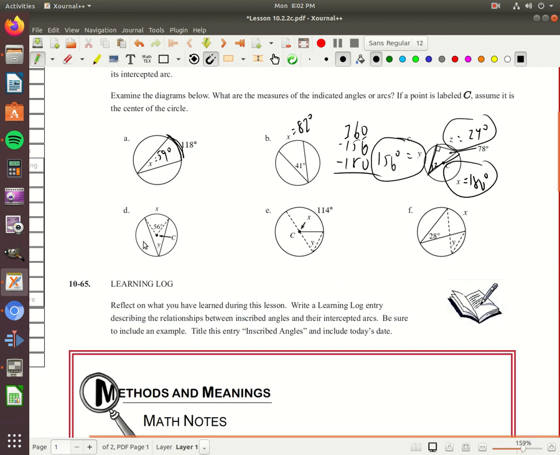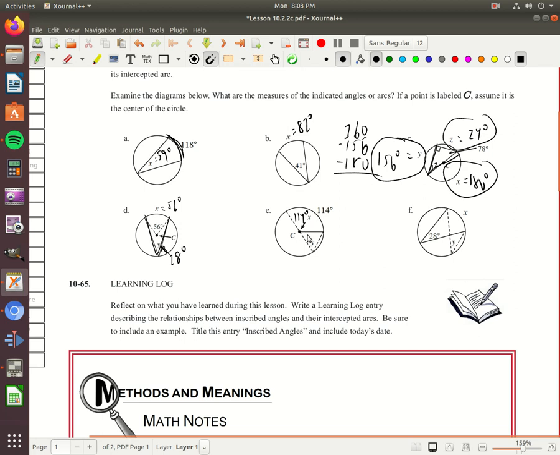Same thing here. It's kind of interesting on this one. I know that the central angle has to equal the intercepted arc, and I know that the inscribed angle is half of the intercepted arc. If I go here, I know that the central angle is equal to the intercepted arc.